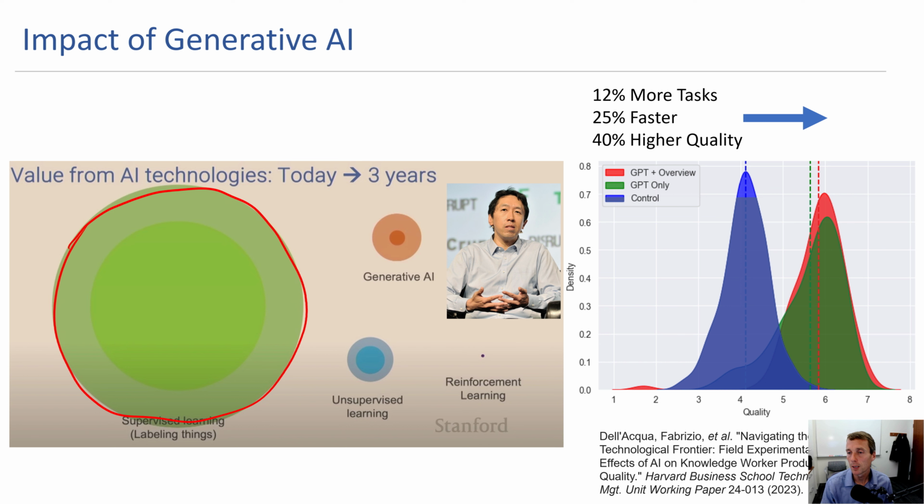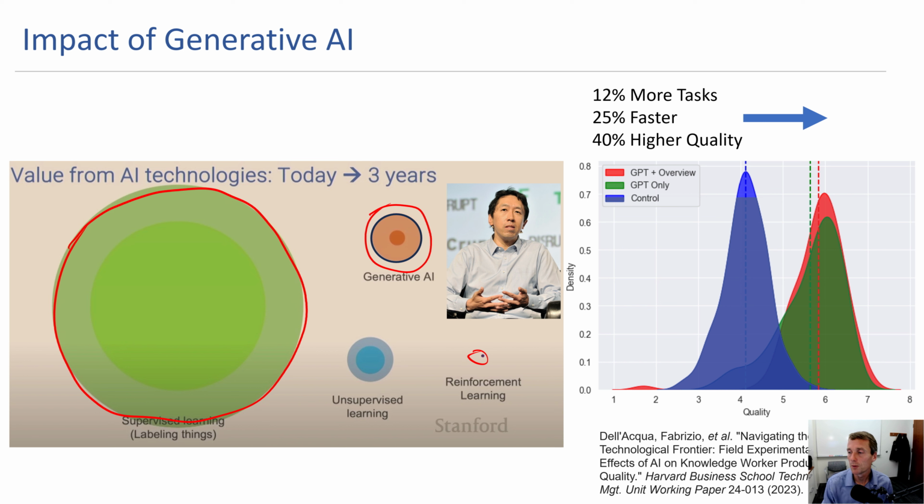Now, what we're going to be talking about here is generative AI. This is a smaller piece of the puzzle, but it's going to be growing much faster percentage-wise than the supervised learning or unsupervised learning or reinforcement learning, maybe a small piece right there from his perspective.